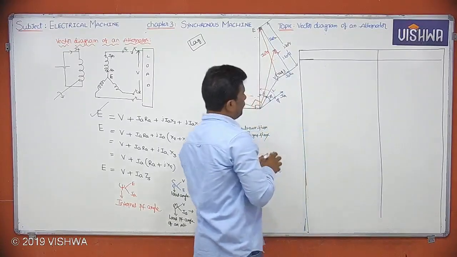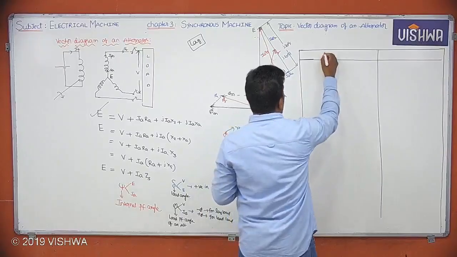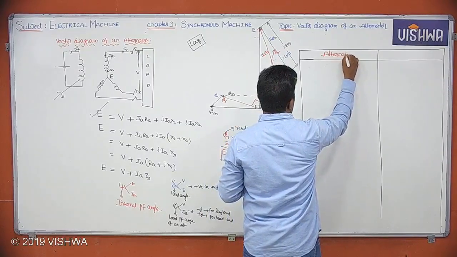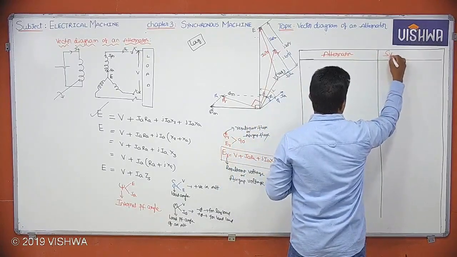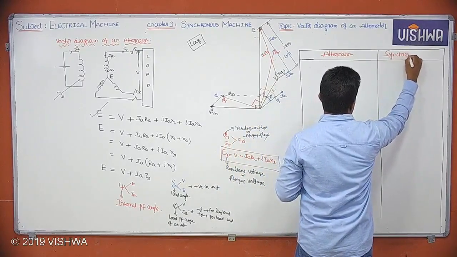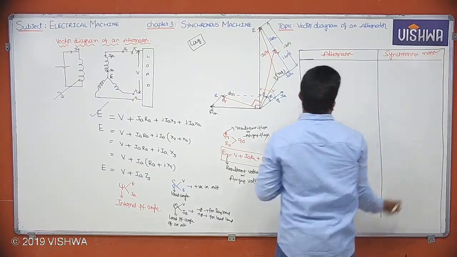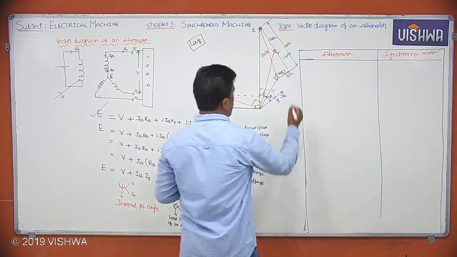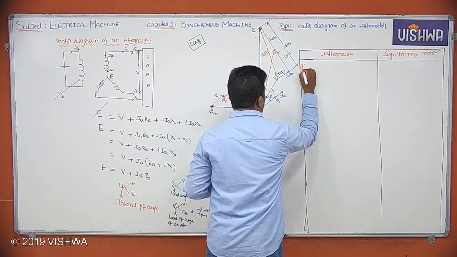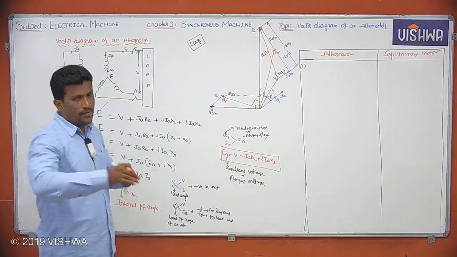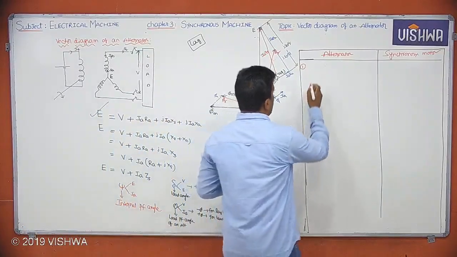First one, alternator. Here I can write synchronous motor. Right. First formula, a very basic formula. Tell me what is the basic formula for alternator?